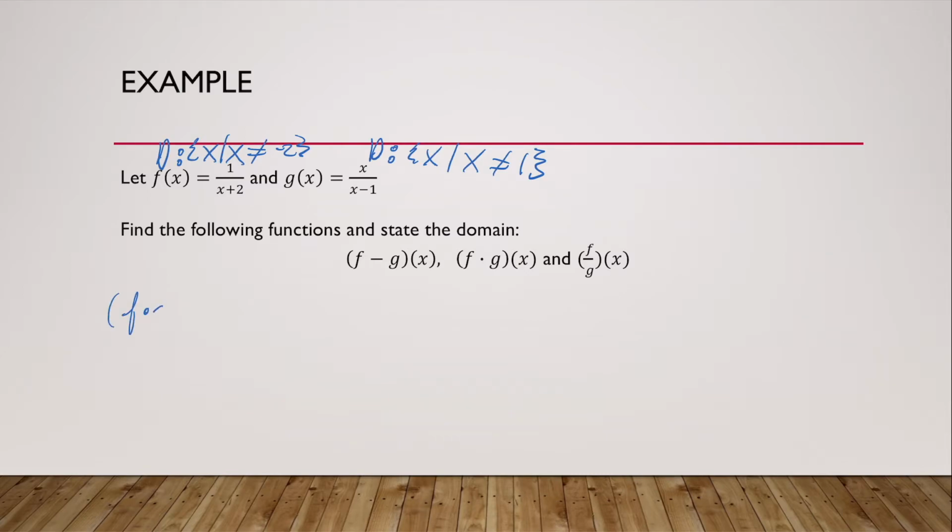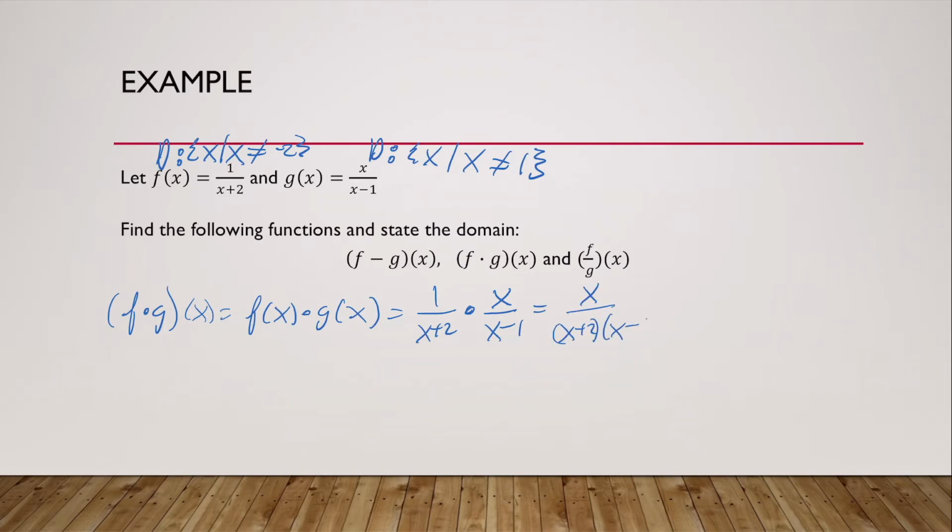So f times g of x is really f of x times g of x. So I've got 1 over x plus 2 times x over x minus 1. That gives me x over x plus 2 times x minus 1. Again, keep it factored unless the homework instructions tell you otherwise.